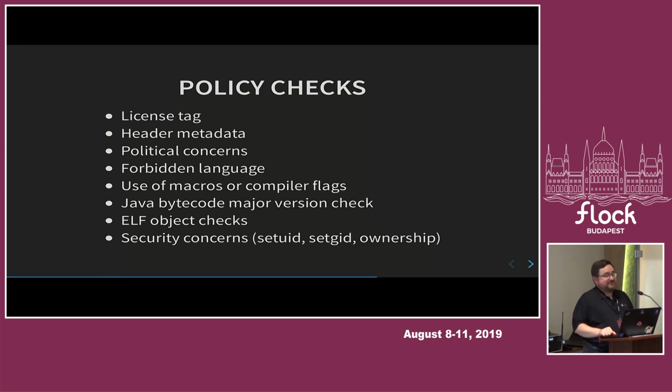I also found out that Java class files have the same first bytes as a Mac OS X executable, which in hex spells cafe babe, so that was kind of interesting. Then there are ELF object checks, a lot of them tied to security enforcement policies, and then the set UID, set GID checks, things like that.